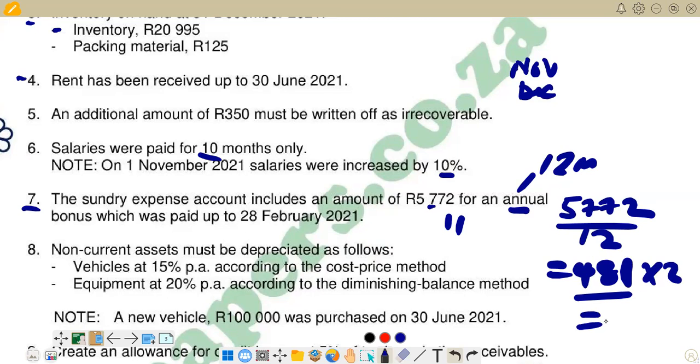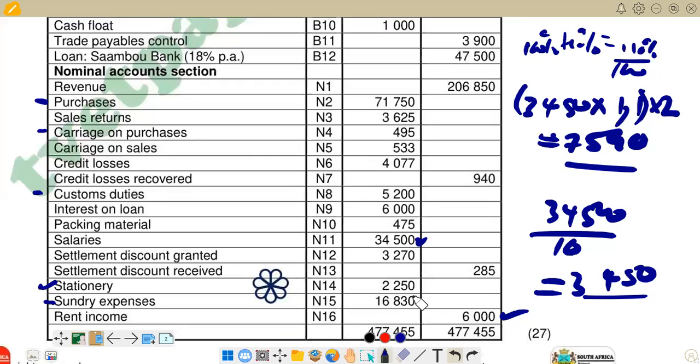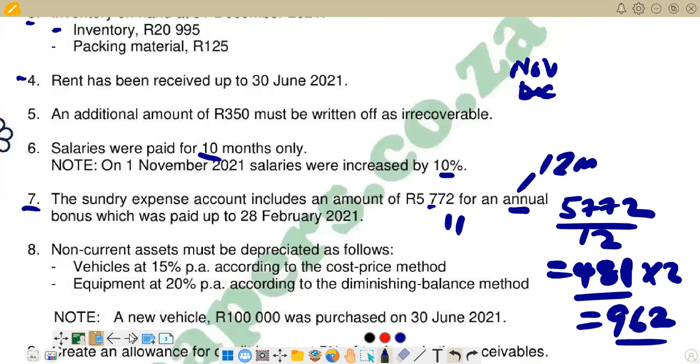And when you multiply by 2, you are going to get 962. So it means this 962 does not belong to this year. We are supposed to subtract it from the figure for sundry expenses that we are given in the list of balances. So if you come back, you'd see that the figure for sundry expenses is here, 16,830. Then we subtract that amount, which is 962.